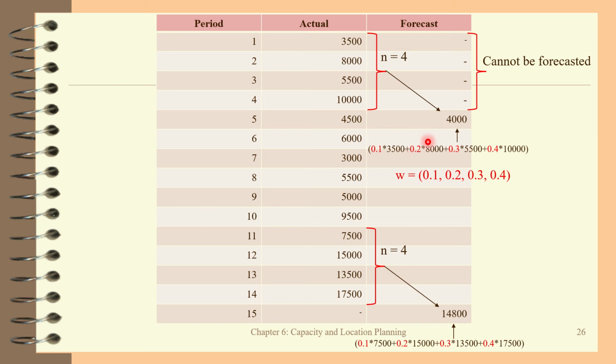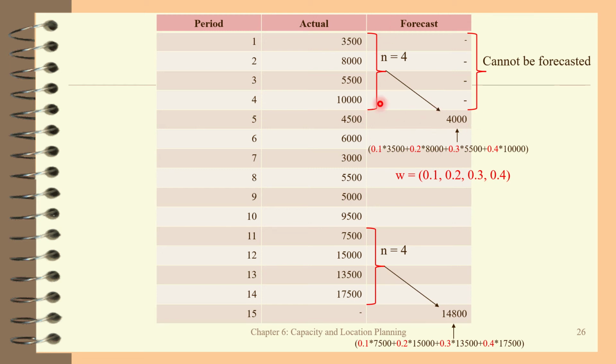In this case, you want to find F5. But don't forget that F1, F2, F3, and F4 cannot be computed because you have not enough data to use this approach. The first forecast value that you can have is F5.